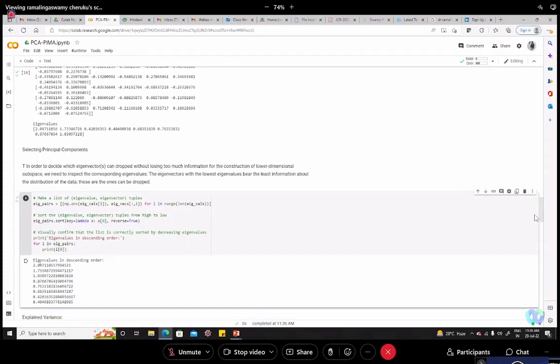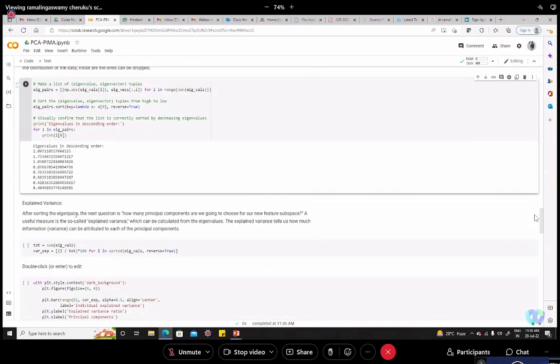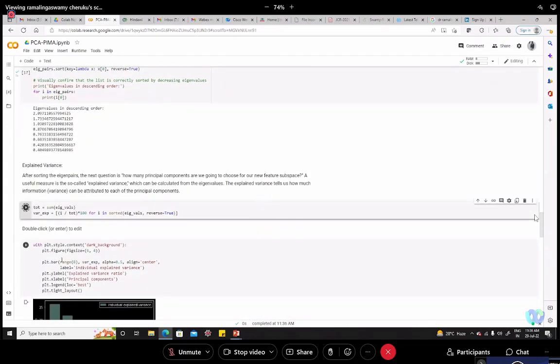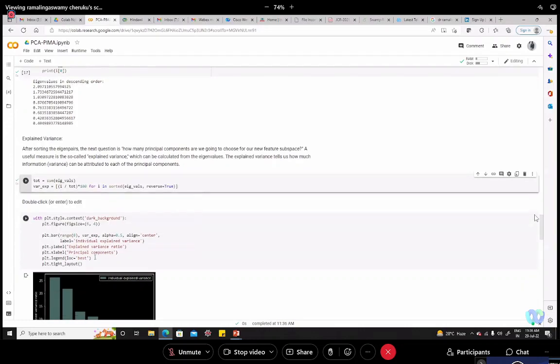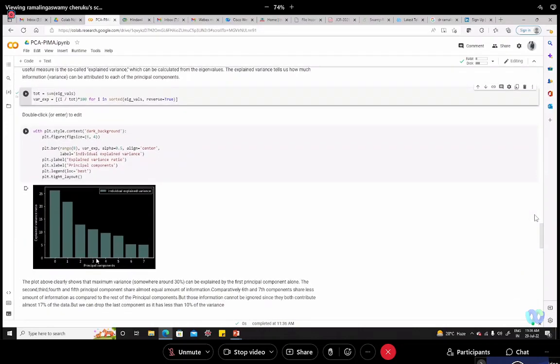Now the eigenvalues are sorted in descending order. Once you sort them, you have to find the total variance, that is, the variance preserved by each and every principal component. If you see, the zeroth principal component is preserving 25% of the total variance.